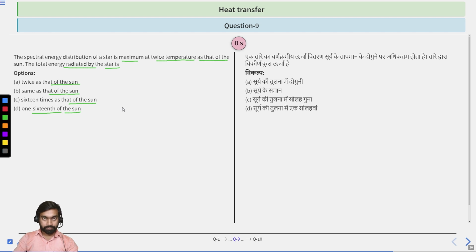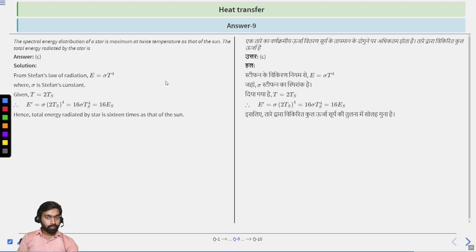Let's find a solution. So from Stefan's law of radiation, E is equal to sigma T raised to the power 4, where sigma is Stefan's constant.